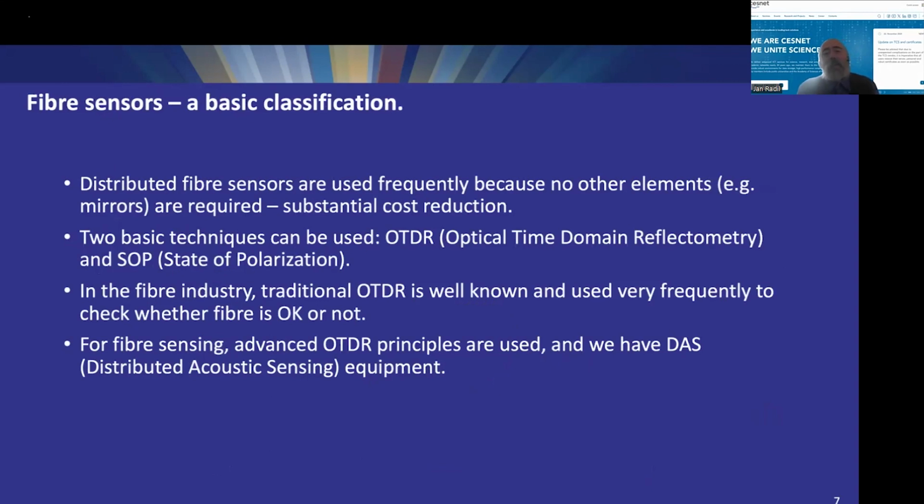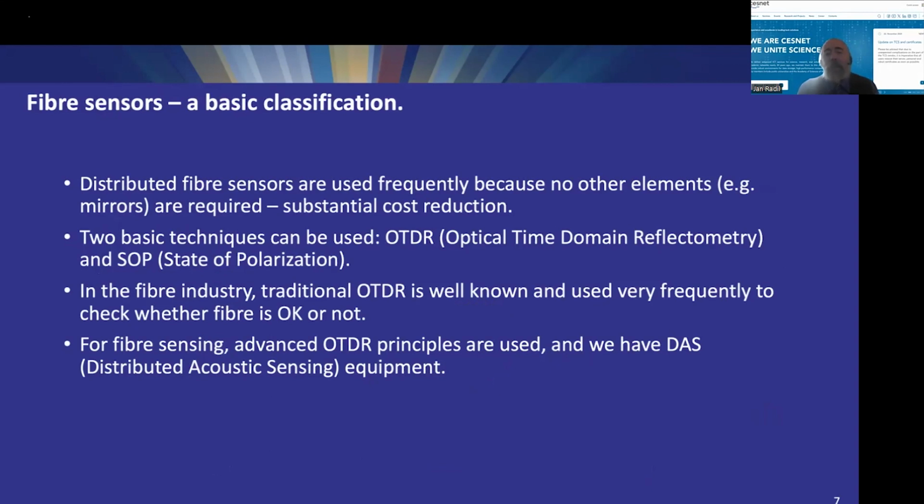Distributed sensors are used frequently because there is no other element which is definitely needed for sensing, and it means quite a big cost reduction. Two basic techniques which can be used are OTDR, which is optical time domain reflectometry, and SOP, state of polarization.